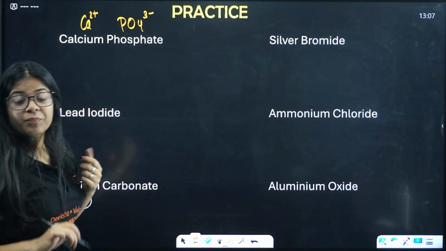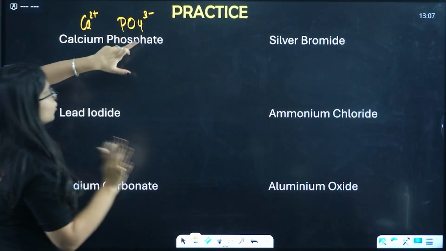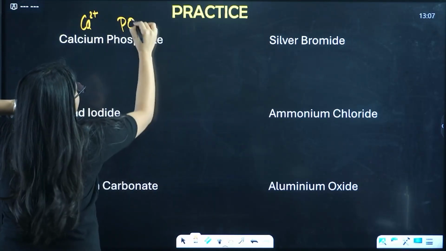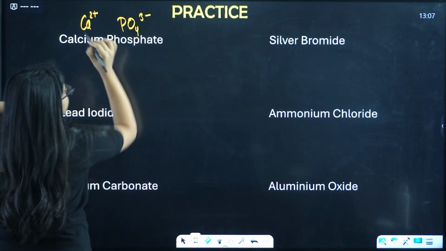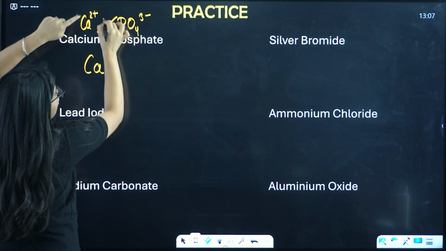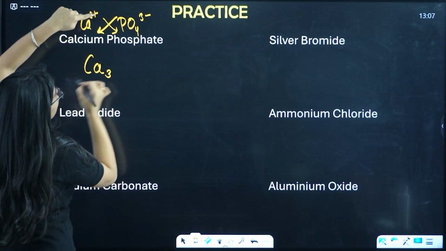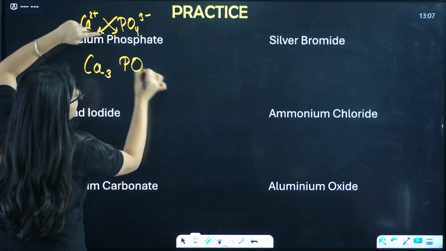Now, whatever you were doing earlier, the foot one will not be touched. PO₄³⁻. So you will write Ca. Now it's 3. You will just cross multiply. 3 will come in the foot of calcium, 2 will go in the foot of PO₄.